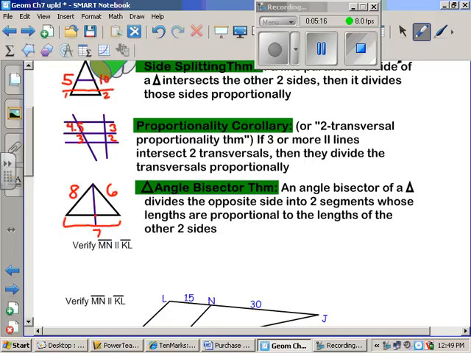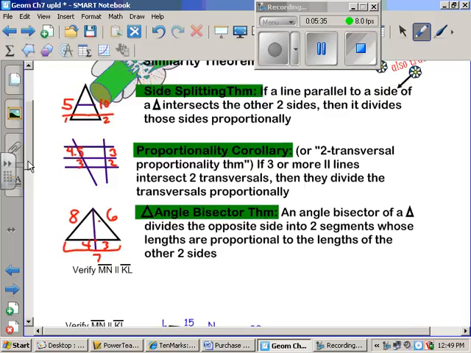So if this whole length is 7, then these must be split into 4 and 3 because those would have the same proportion as those. Does that make sense? Yeah? Okay, so those are my 3 theorems: side-splitting, two-transversal proportionality, and triangle angle bisector.